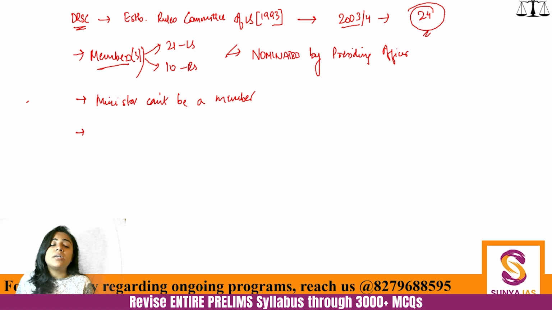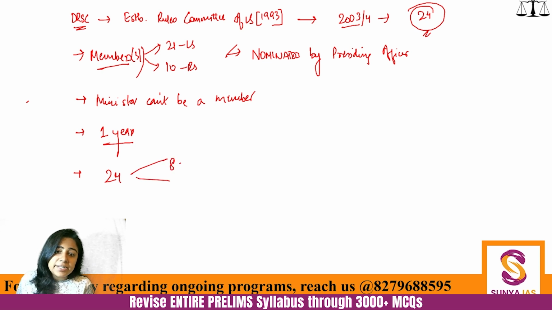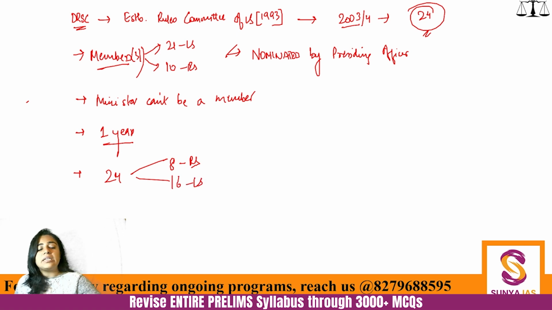Then write down the term. The term of department related standing committees is 1 year, and in fact all the committees function for 1 year respectively. I hope you understand. Fine. Then the number of committees. There are 24 committees. Out of them, 8 committees work under the Rajya Sabha and 16 committees work under the Lok Sabha. Okay, these kind of trivial details are also important because questions can be formed from them.